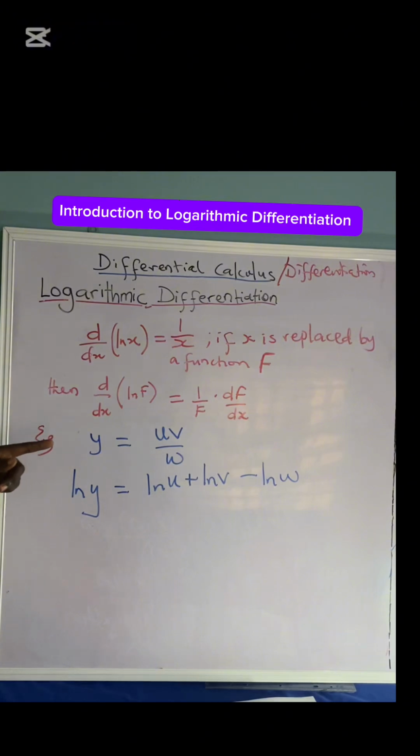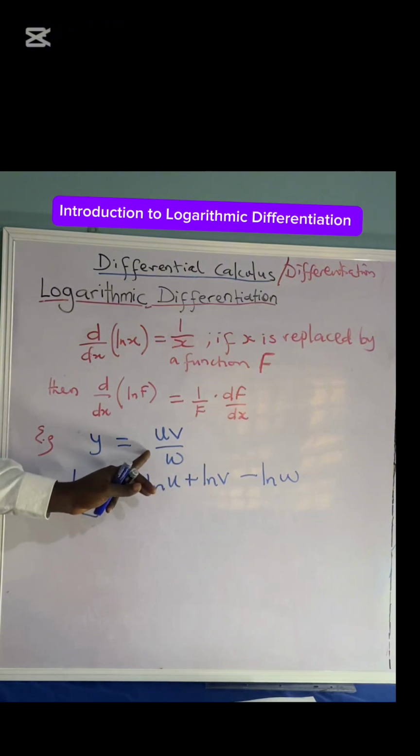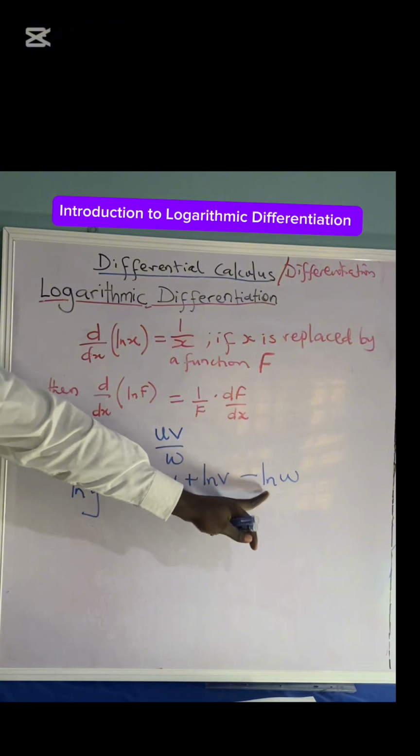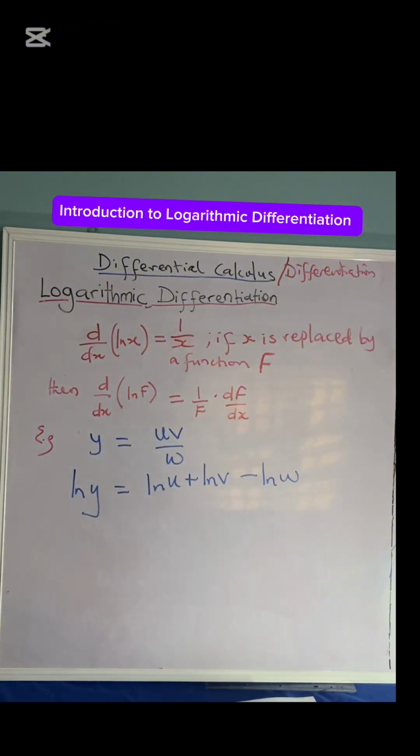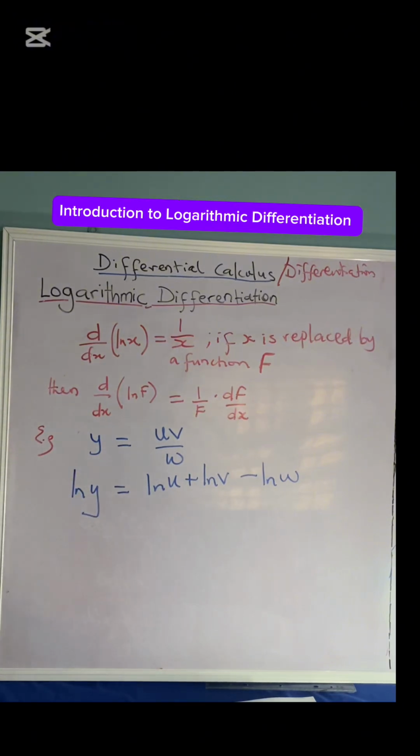For example, let's assume we are given y equals uv over w. What we need to do is to apply logarithm to both sides. So this becomes ln y equals ln u plus ln v minus ln w. Okay? So we then differentiate both sides. If you differentiate ln y, what do you have?